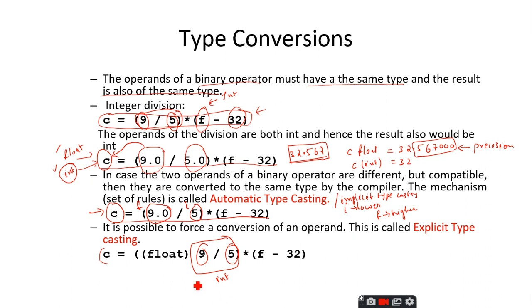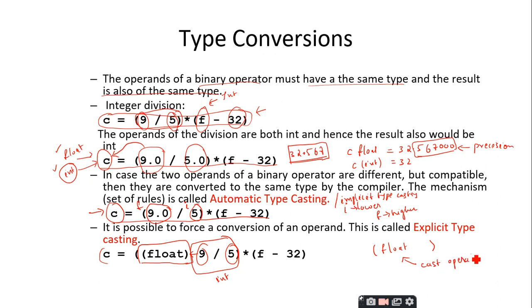But if you observe this particular formula carefully, you can see that I am using a special syntax before 9. The special syntax is very simple, where I am using parentheses, and within the parentheses I am placing the data type float. So, this is called the cast operator.